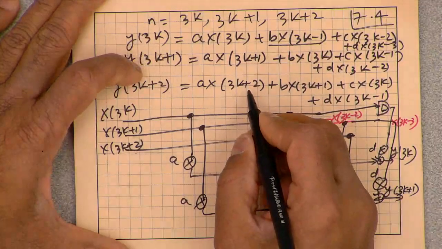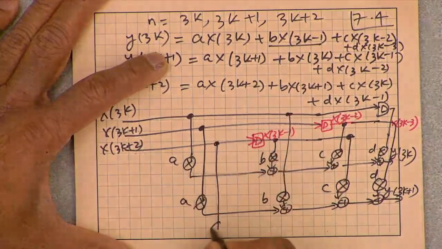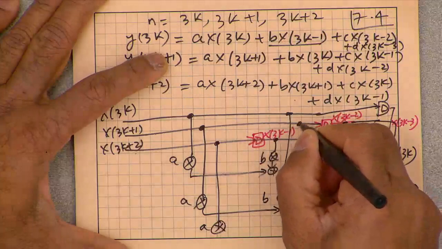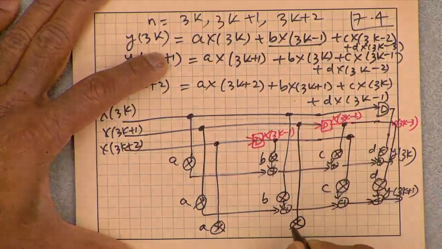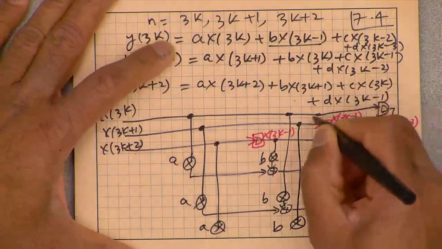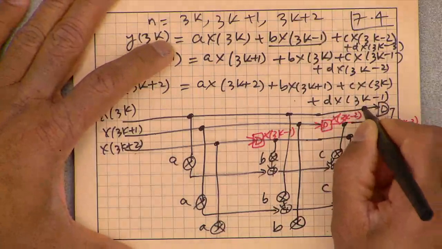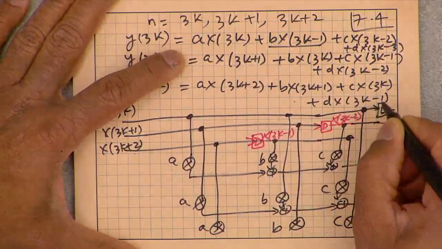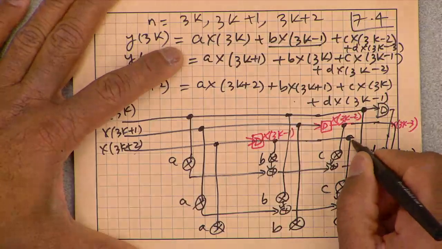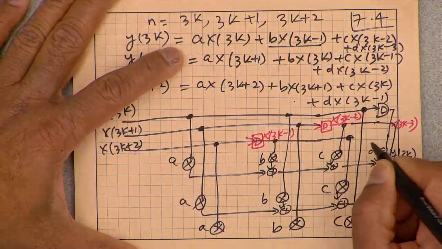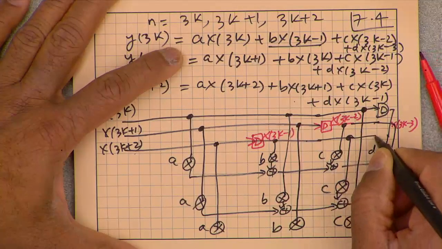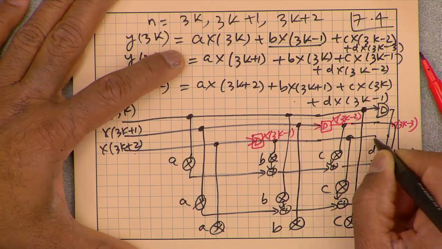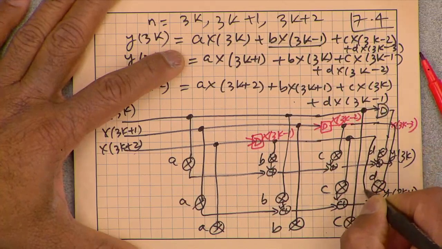And the last one, a times x 3k plus 2, plus b times x 3k plus 1, which is here, c times x 3k, this is x 3k on the top wire, and d times x 3k minus 1, and that is this 3k minus 1. Well, I can just take that here.